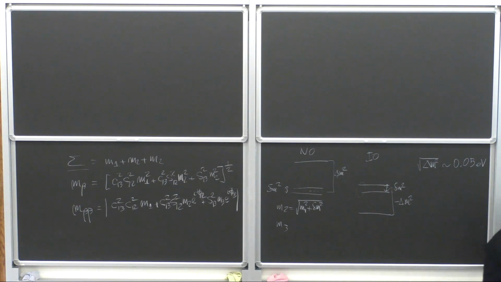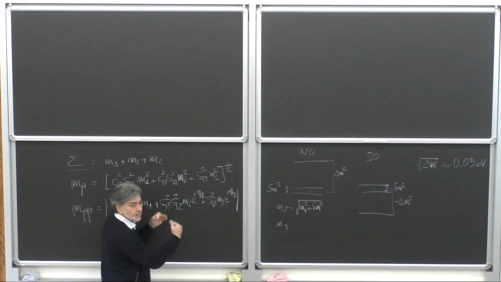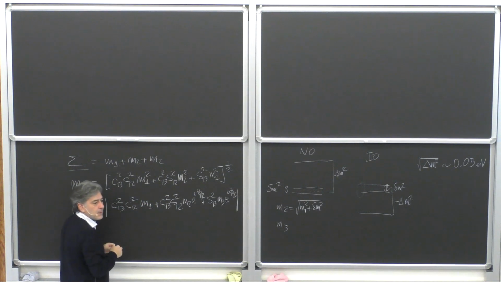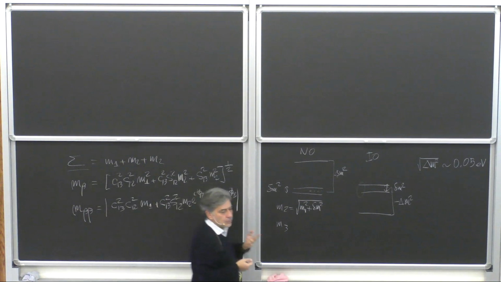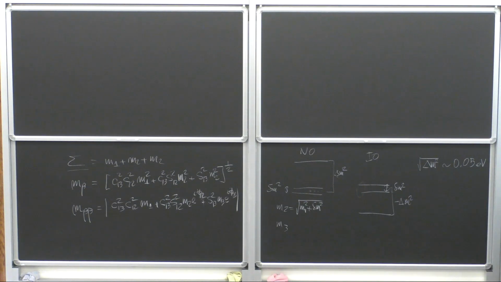Also, in the case of normal ordering, M beta beta can go to 0, because you have these two complex numbers that can cancel and also cancel the first one. So if the true ordering is the normal one, maybe neutrinoless double beta decay experiments will never find a signal.